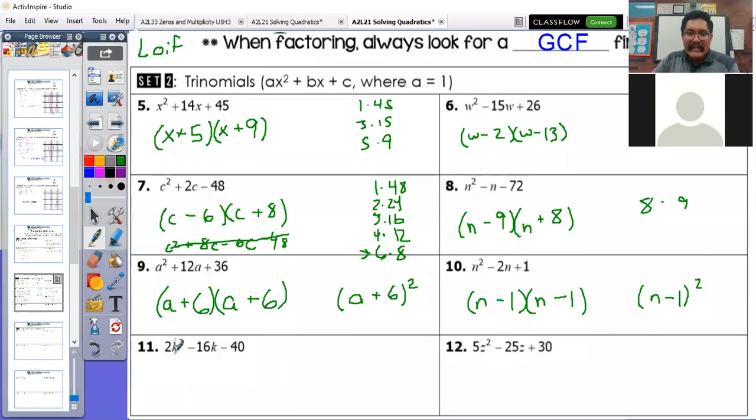Now you might be looking at these and thinking, okay, well, can we double bubble it? But be careful, because if we look up here, it says watch out for greatest common factors. So what I'm going to basically do is factor out a 2 from everything. So take out a 2 on everything. In other words, divide everything by 2, but that's not a really good way of thinking about it, because we're not dividing anything.